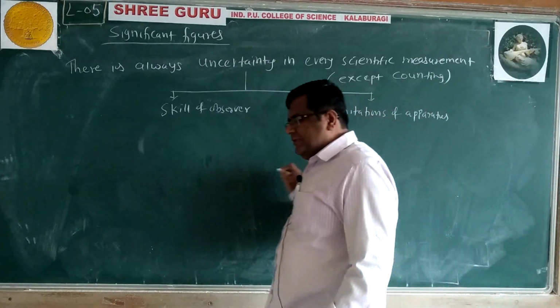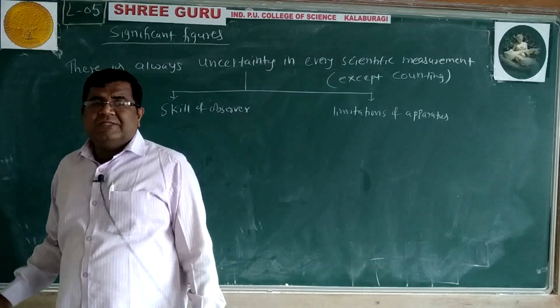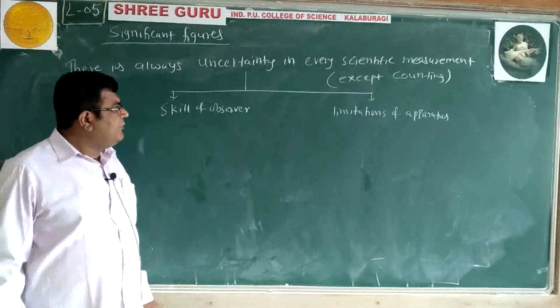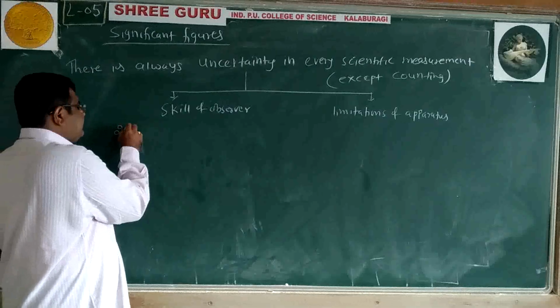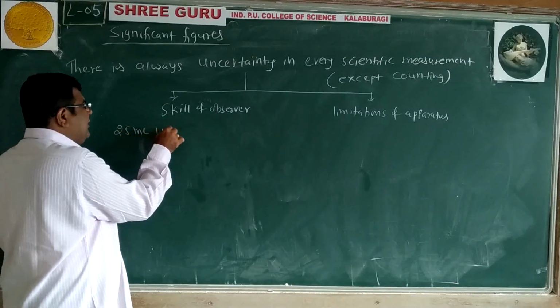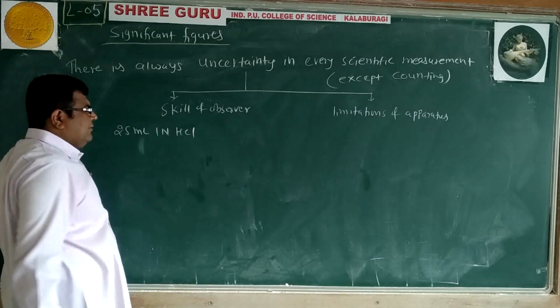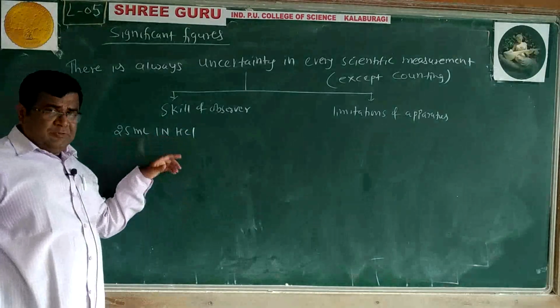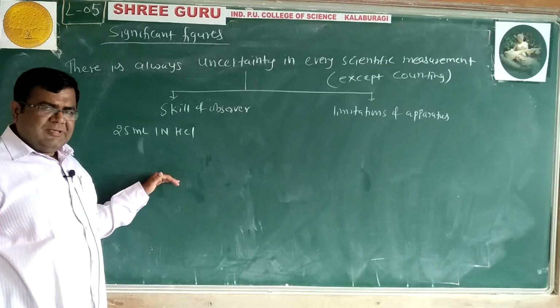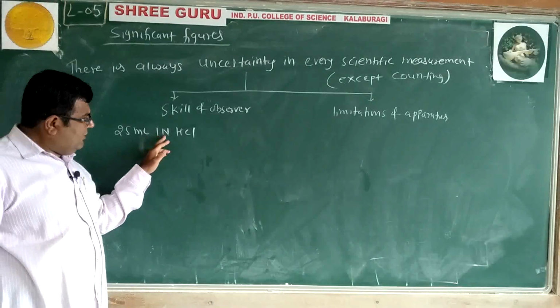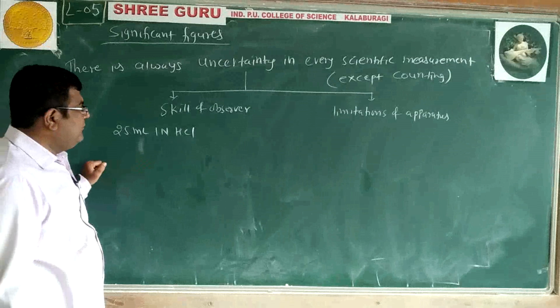That is also one of the main reasons for uncertainty in the measurement. For example, if we have taken 25 milliliter one normal HCl, of course this one normal is a new word for you, but I am just giving this example. You can understand this example without understanding the meaning of one normal.